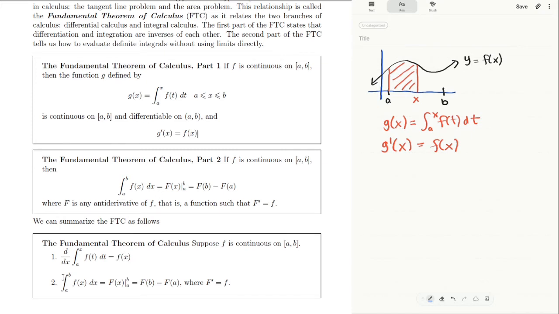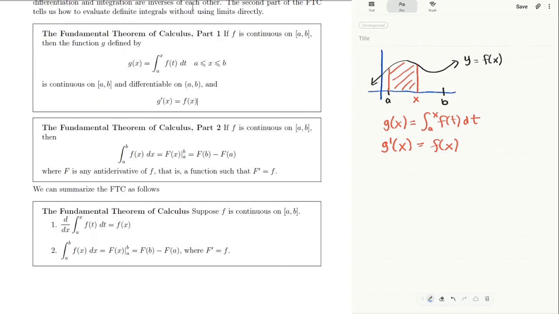The second part of the theorem states that the definite integral from a to b of f of x dx is the antiderivative of f evaluated at the upper and the lower endpoints. So we take the antiderivative evaluated at the upper endpoint, and then we subtract the antiderivative evaluated at the lower endpoint.